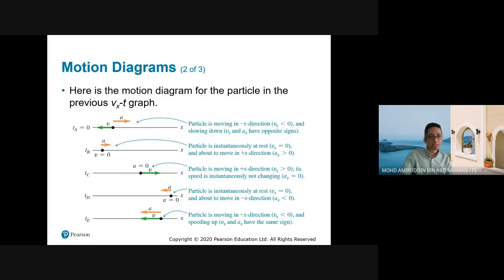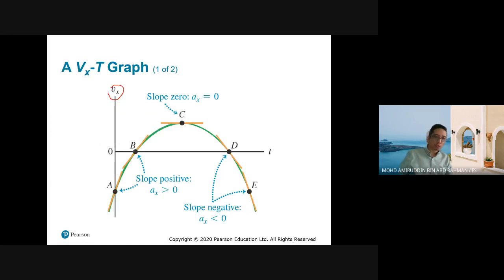And then at point B, it is now moving towards the positive x. From point B to point C, it will go to the positive velocity. So as I said before, on the top here you have the positive velocity, and down here you have the negative velocity.